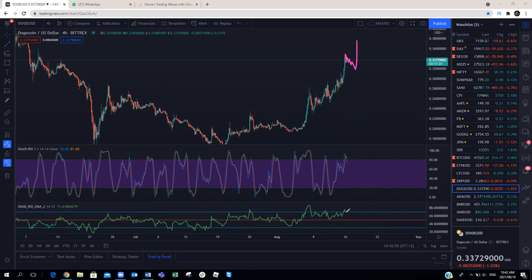I'm on the 4 hour here, but I don't necessarily see a 4 hour setup on Dogecoin. We last saw a 4 hour setup last week when we were here. And from there at 24 cents, we've now pushed up to 33, almost double where we were a week ago. Right, so still continuation to the upside. It's a parabolic move to the upside. Wait for a decent pullback to ride the trend.